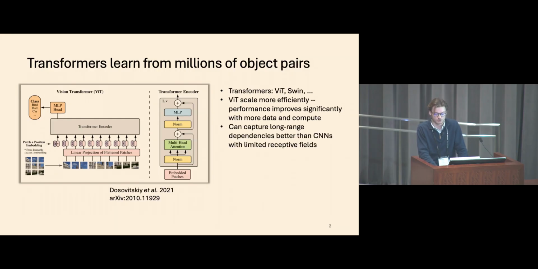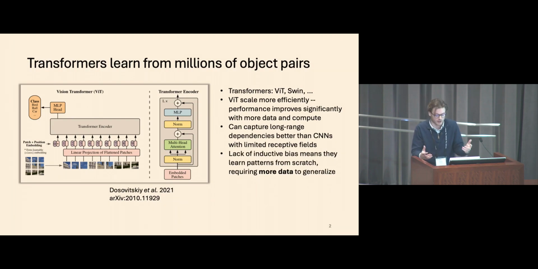They can capture rather long-range dependencies compared to the limited receptive fields that convolutional neural networks, classical deep learning models, have shown so far. But the lack of inductive bias in transformers means that they learn patterns somehow from scratch, and that requires much more data to actually generalize meaningfully.